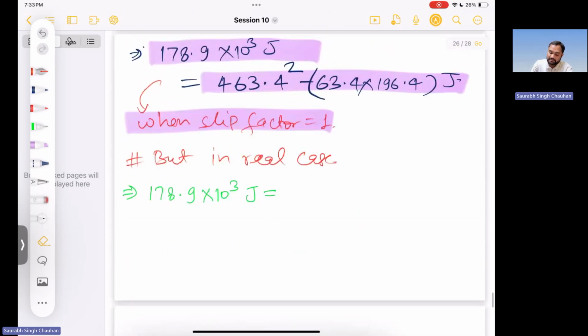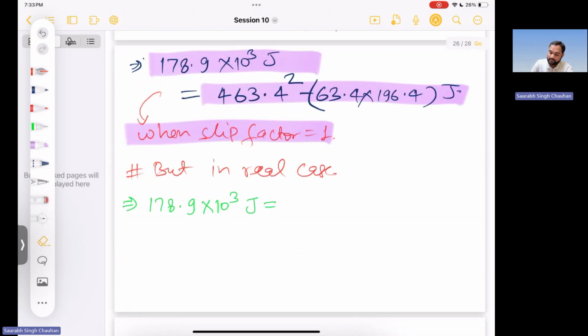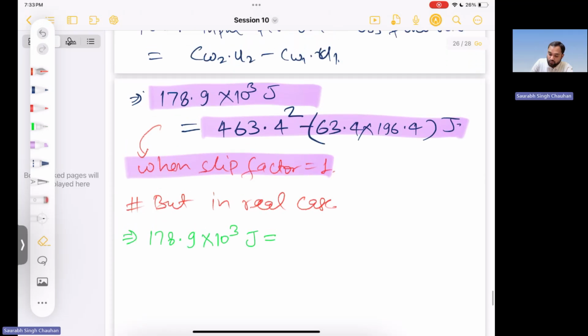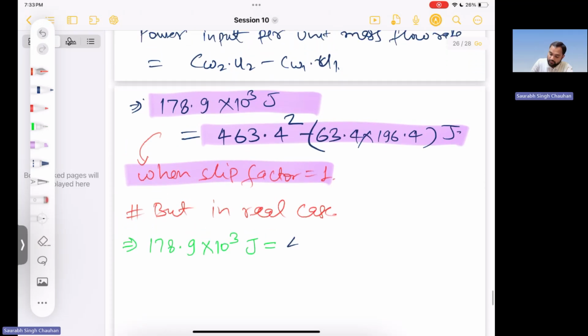Then in that case, the power requirement will be U2, which is 463.4, times CW2 prime, this is the real or actual velocity component, minus 63.4 times 196.4.